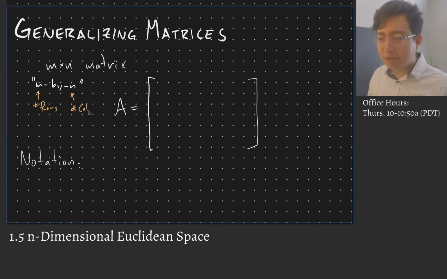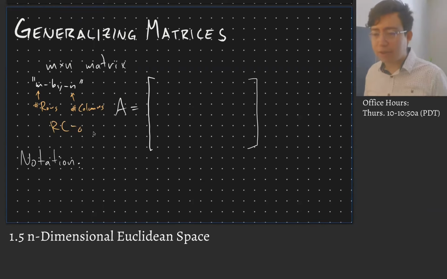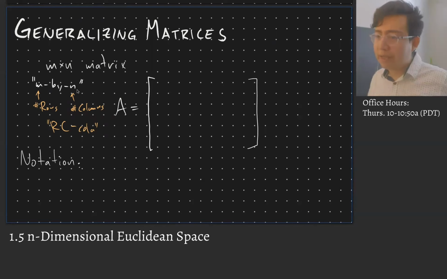I mentioned the little mnemonic: you have RC, so you can think race car, or RC Cola, the soda. That's how I remember the order of these. For some reason, someone a long time ago decided the first number is going to be the number of rows and the second number the number of columns, which I don't always like, but I guess it works as long as we're all on the same page. And so this matrix is going to have M rows and N columns.